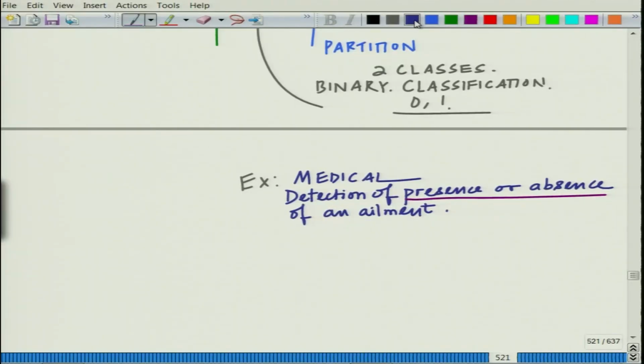Okay. Another interesting example is in the context of quality control, and this is very important in manufacturing again.